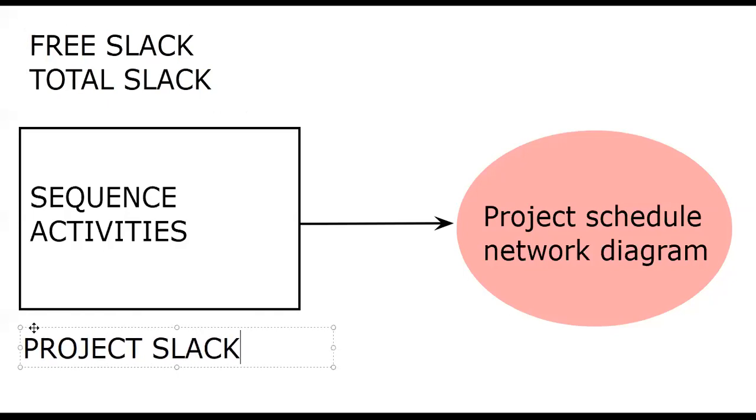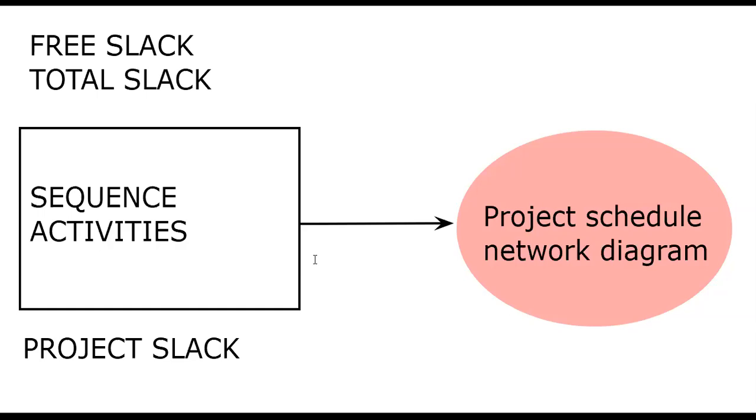Free slack is the amount of time I can delay an activity without delaying any of its successor activities. You always want to take the smallest gap. So if a task has got 5 successors and each one has a difference of 3, 5, 4, 2, well, 2 is the smallest number. And that would be your free slack.